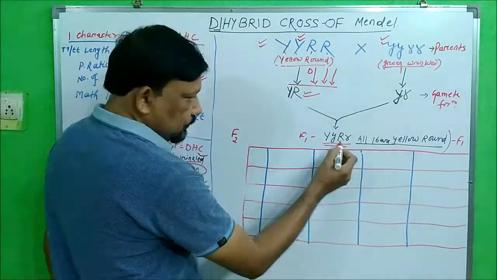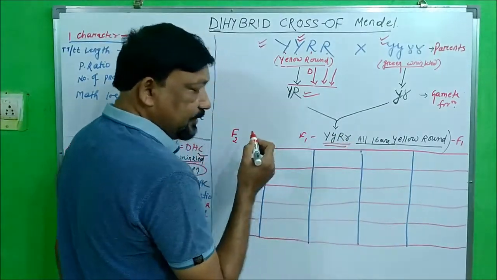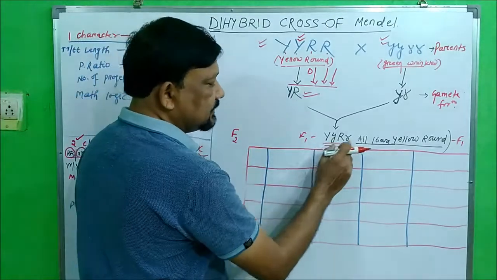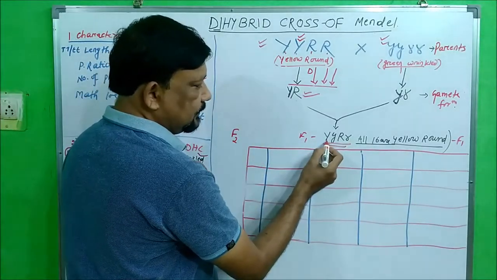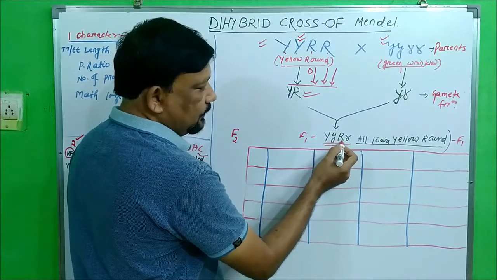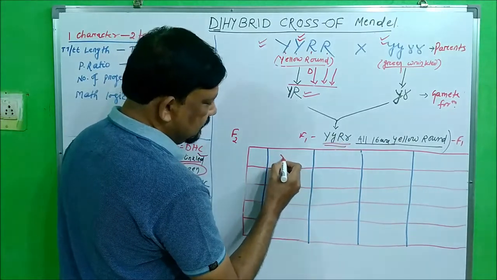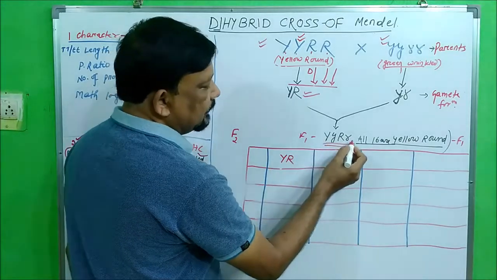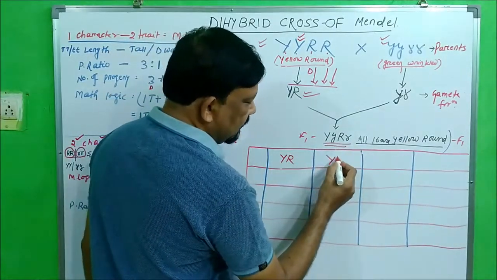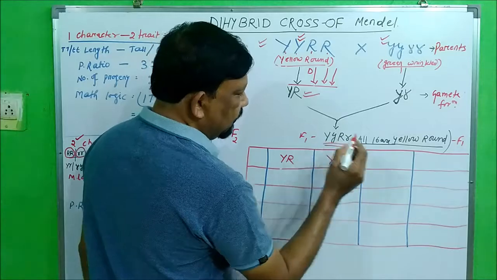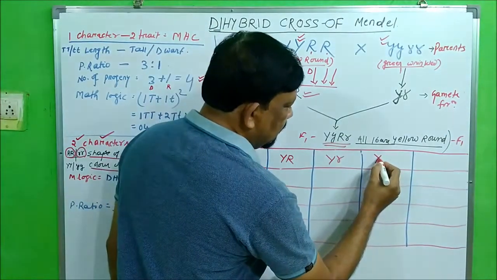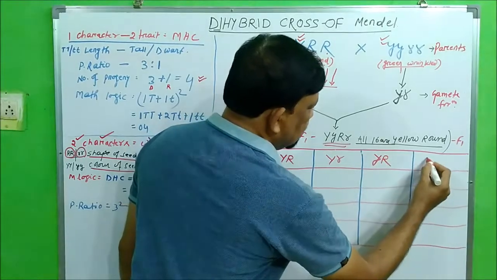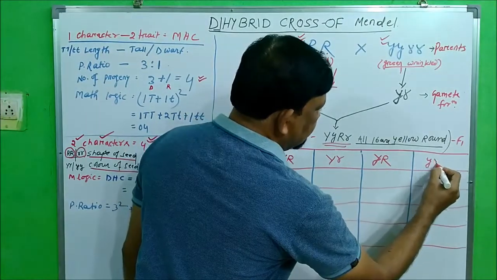of products. So this product 16 numbers allow for self pollination, and let's see the formation of gamete. This Y will take this R, right? This Y will take this R. Now the small y will take capital R, small y take small r.